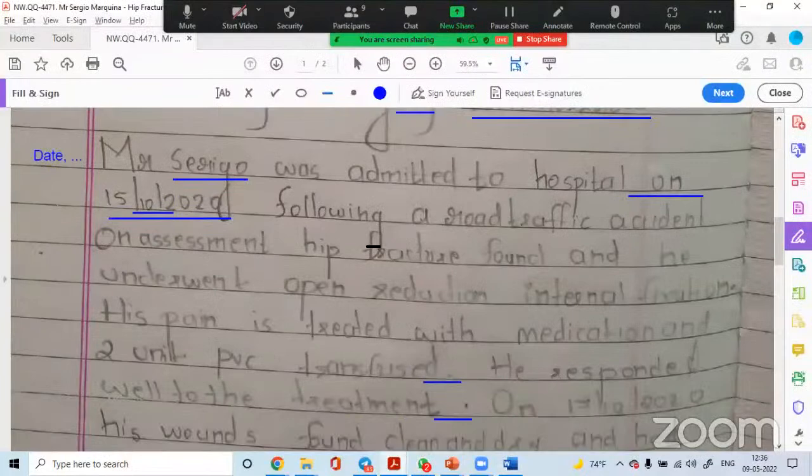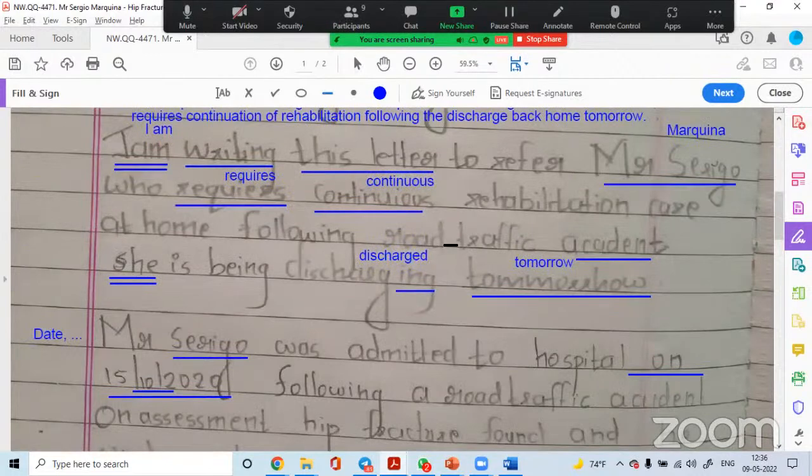Next one. Following a road traffic accident. Already you have written road traffic accident here. Following, from here onwards, a road traffic accident. Take a neat picture, okay? I'm not able to see. If I put it down, it is cutting. So be careful how you are presenting. A is missing here. A road traffic accident.